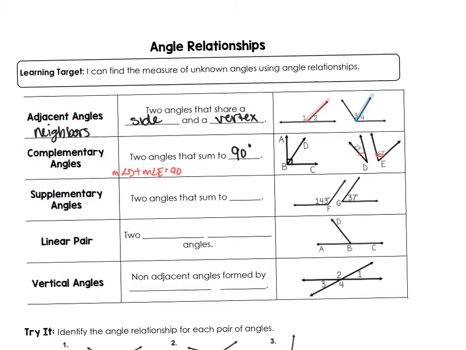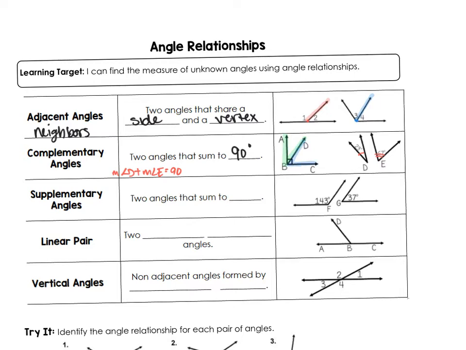In my other example, I have 2 different angles here that are adjacent, they share a side, and they have that little box in the corner, which is what tells me those angles add to 90 degrees. So my first angle is angle ABD, and my second angle is angle DBC.